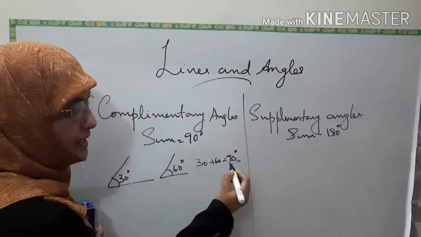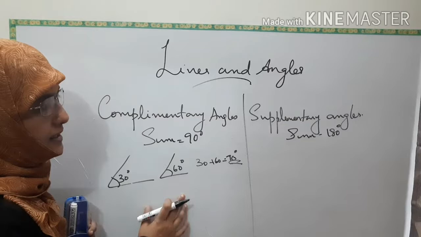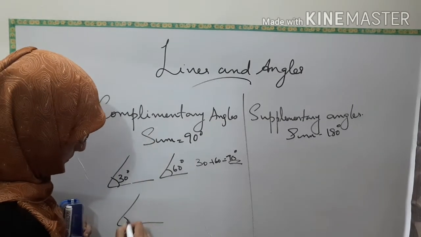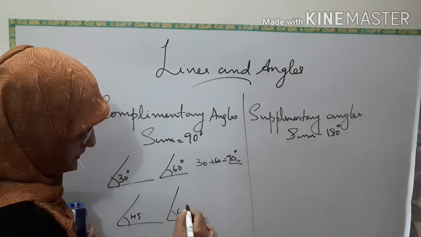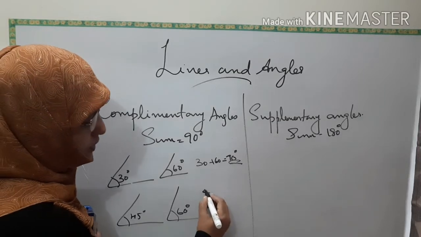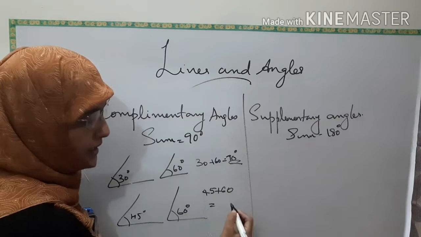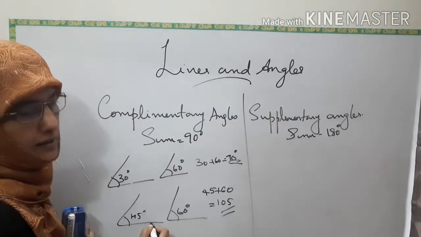If the sum is 90, they are complementary angles, so 30 and 60 are complementary angles. Now see another one. 45 degrees and 60 degrees, are they complementary? No. Why? Because 45 plus 60 goes above 90, isn't it? So these are not complementary angles.